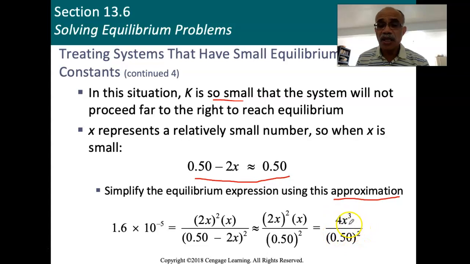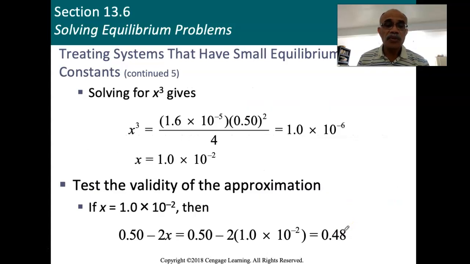And that's an easy function to solve. So now we can simplify this. x cubed, divided by 4, that gives you 1 times 10 to the minus 6, and then the cube root of that number will give us 1 times 10 to the minus 2. So now we have the value of x by using approximation.